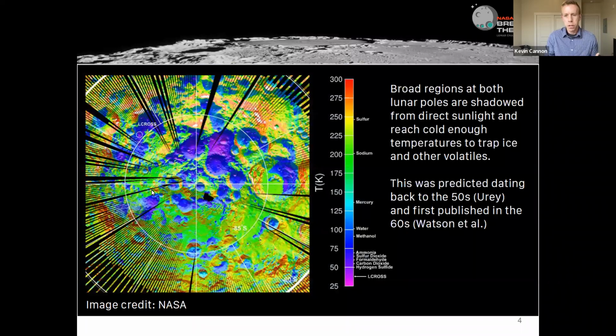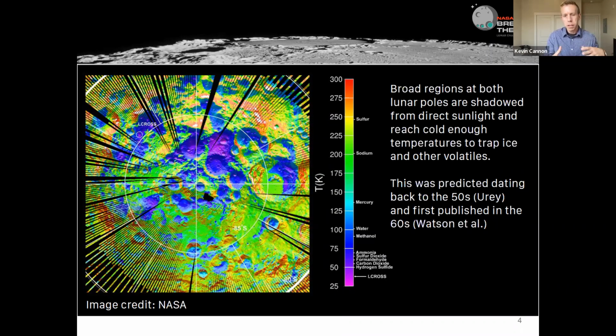Okay, so first I just want to start with why we think there could be ice at the poles of the moon. The first reason is that the moon doesn't have an atmosphere, and so there's no way to transfer heat. What that means is that the temperature at a given location entirely depends on how much sunlight that location receives.